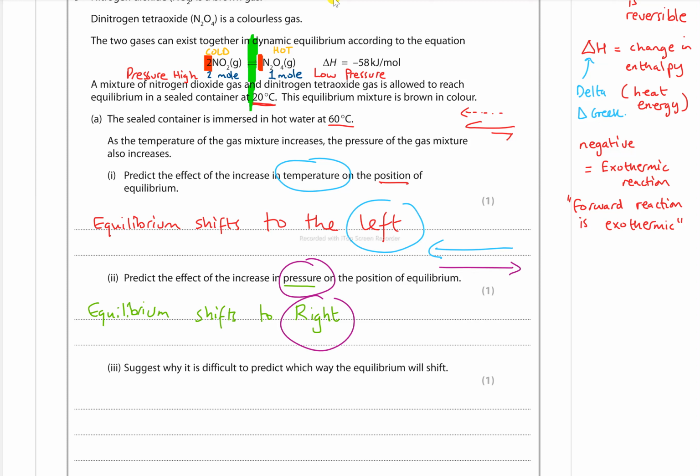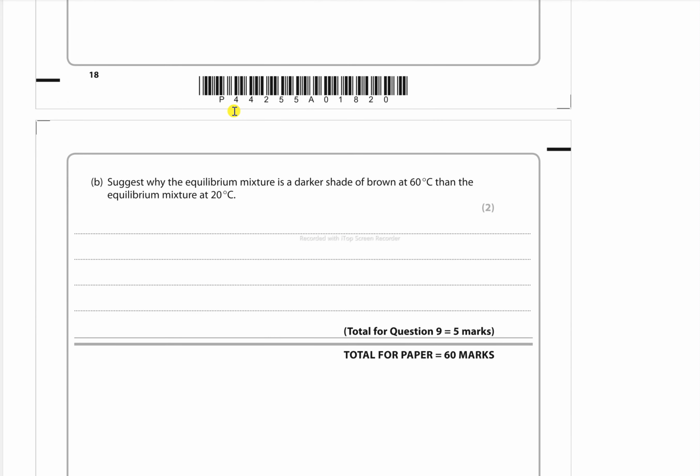We don't know which out of these two is bigger, so it is difficult to predict which change has a bigger effect or greater effect. Again, I won't worry about this. Just keep practicing these and eventually it'll sink in.